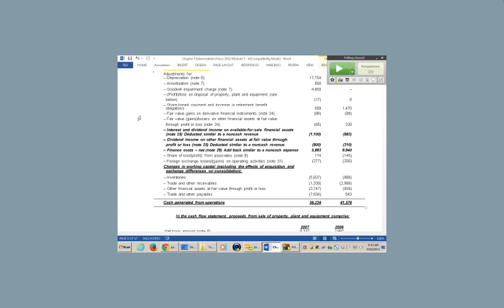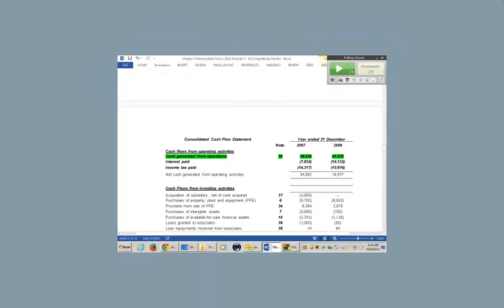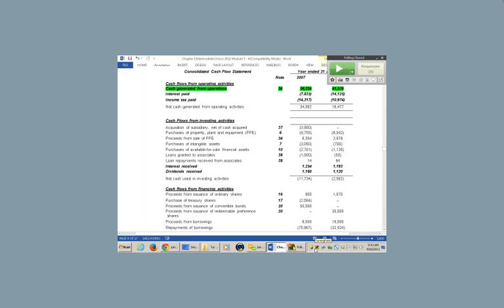What you're seeing here is probably the most likely scenario where, when you get back to the actual statement, this is the pure measure of cash generated before interest, taxes, depreciation, amortization. You probably, most likely, will see interest and taxes paid in the operating activity section, and you'd probably see the interest and dividends received in the investing section. Okay, so that is a cash flow statement under IFRS.